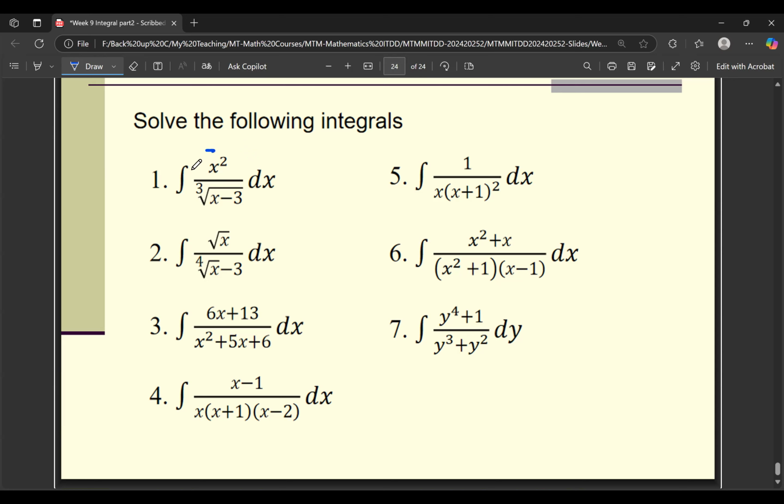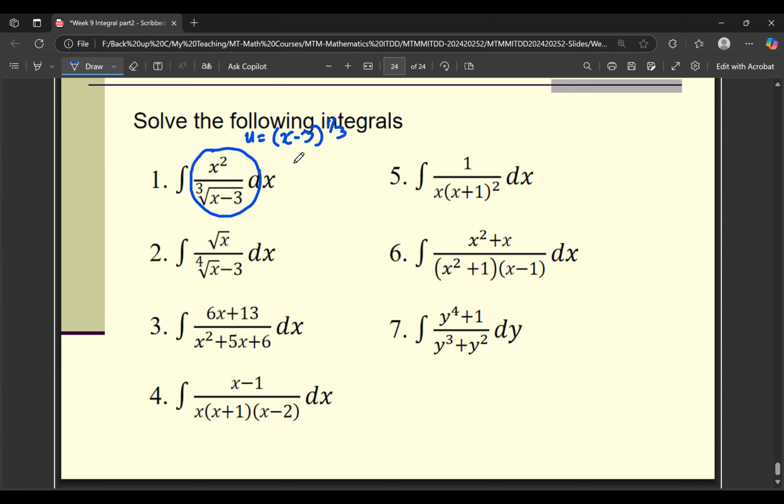Number one, the clue is substitution to make irrational become rational. So the substitution is u equals (x minus 3) to the power of 1 over 3.